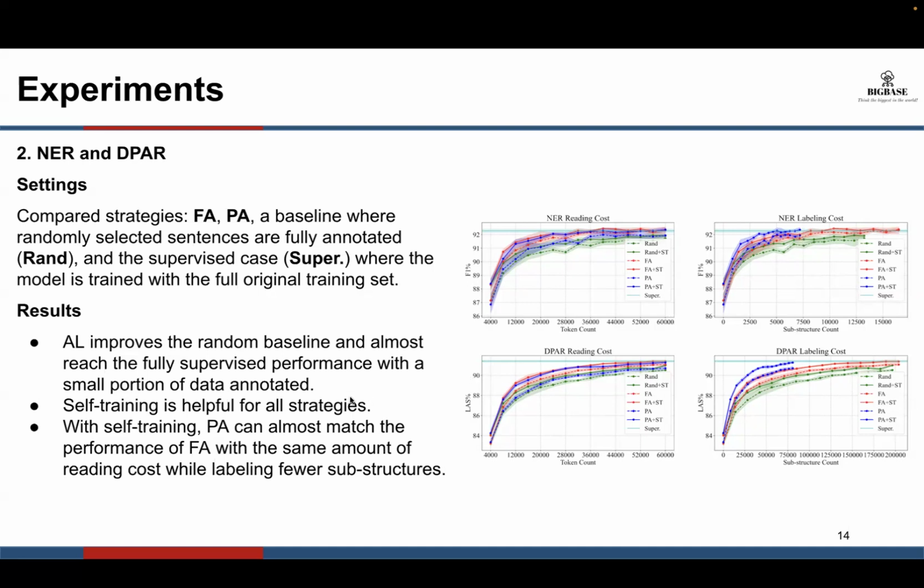And also self-training is helpful for all strategies. It improves performance for all of them. And sorry, not performance, it lowers the cost for all of them. And also with self-training, partial annotation can almost match the performance of full annotation with the same amount of reading cost while labeling fewer substructures.